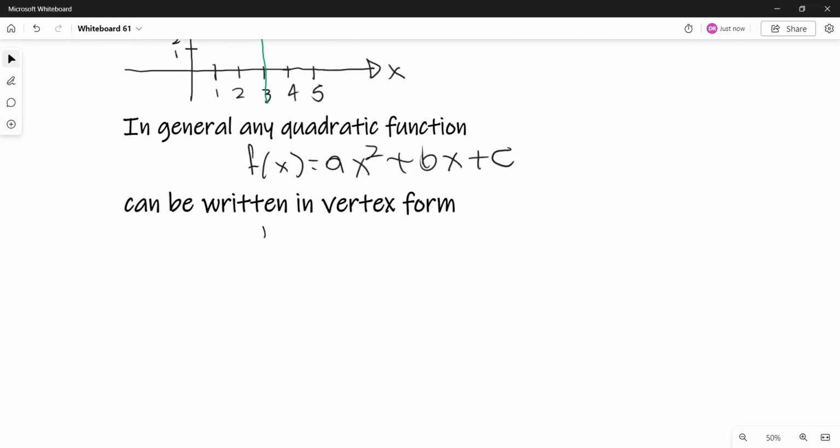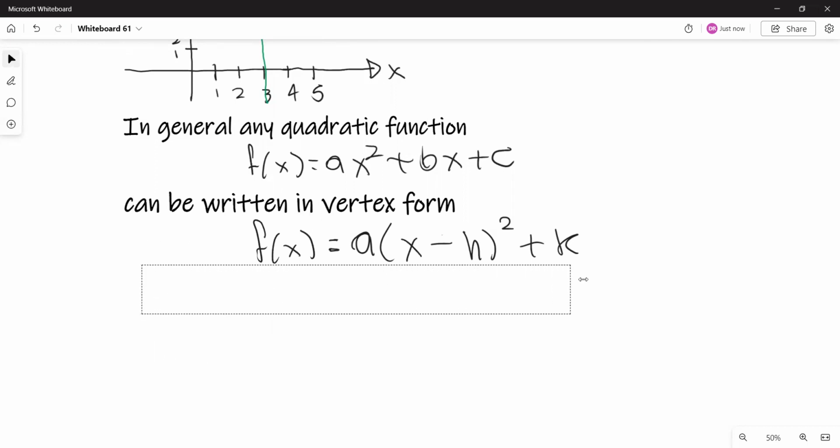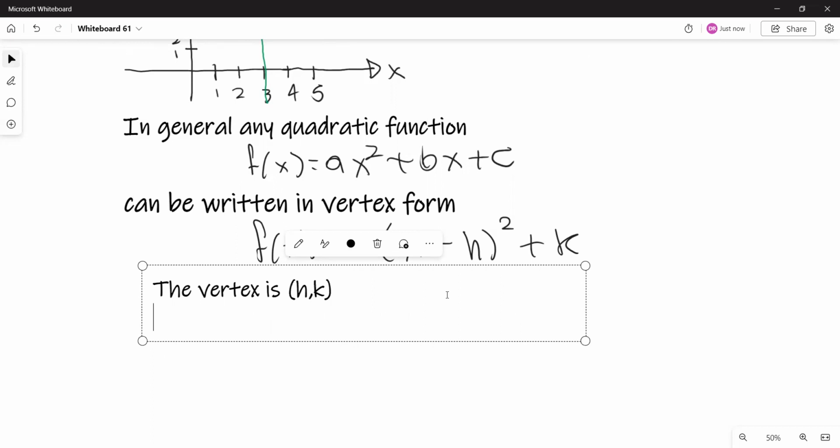In vertex form, the leading coefficient is going to be the same. And we can write it in terms of the vertex: a times (x minus h) squared plus k. So the vertex of that parabola is always (h, k).